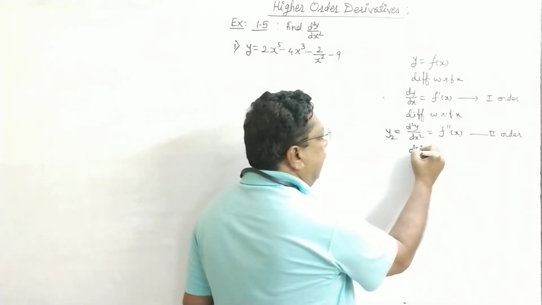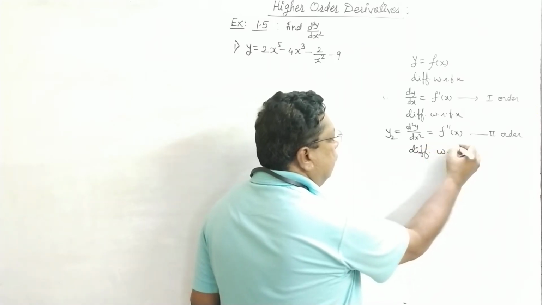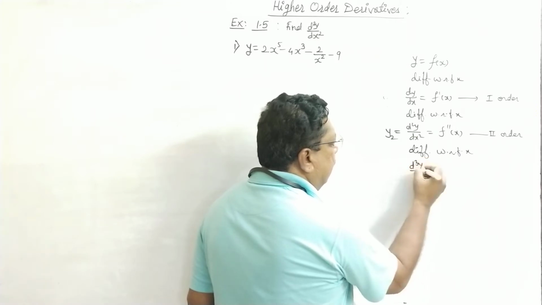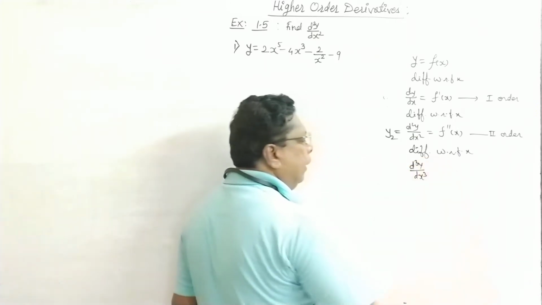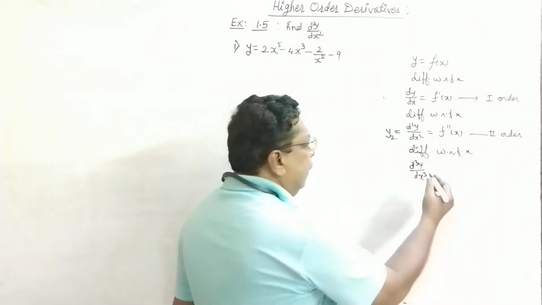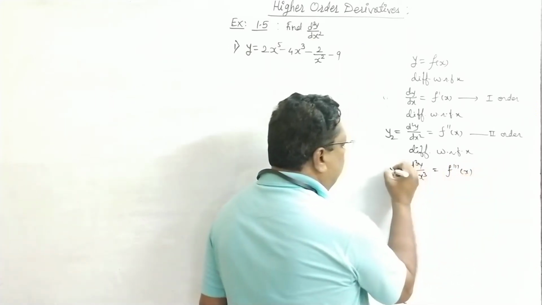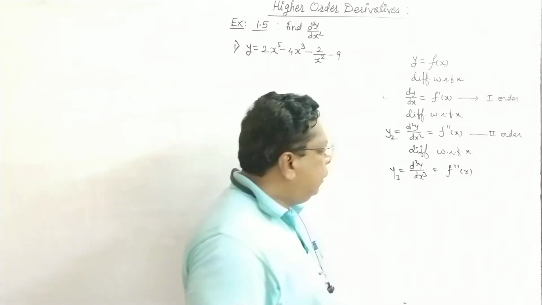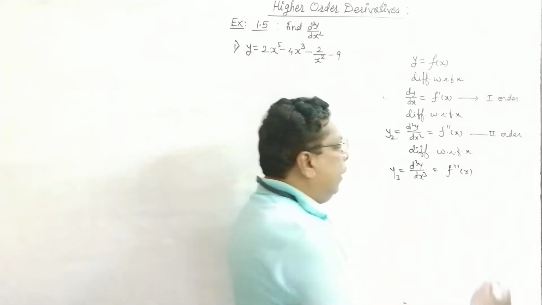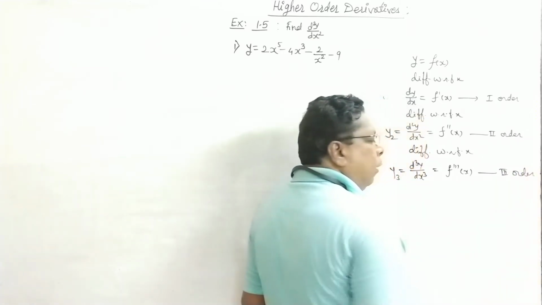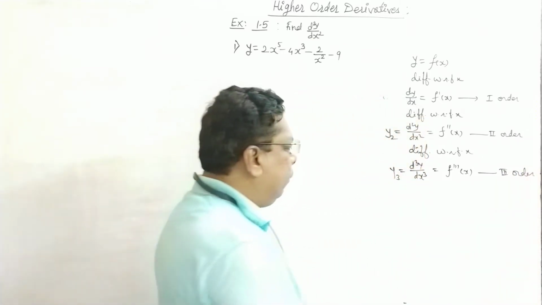Suppose we differentiate this again with respect to x. This becomes d cube y by dx cube, d3 y by dx3, which is equal to f triple dash x. This is also known as y3, meaning third order derivative of y with respect to x.